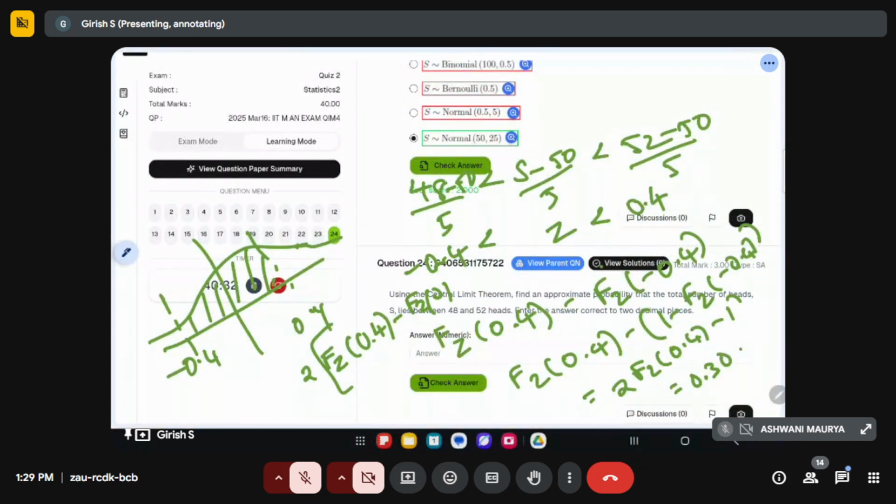But again, you need to subtract this. This value will be 0.5, right? You need to subtract it. You want only this area. If you take Fz of 0.4, the value given by this is entirely this, from minus infinity. To get this area alone, you have to subtract 0.5. Okay, now it's clear.